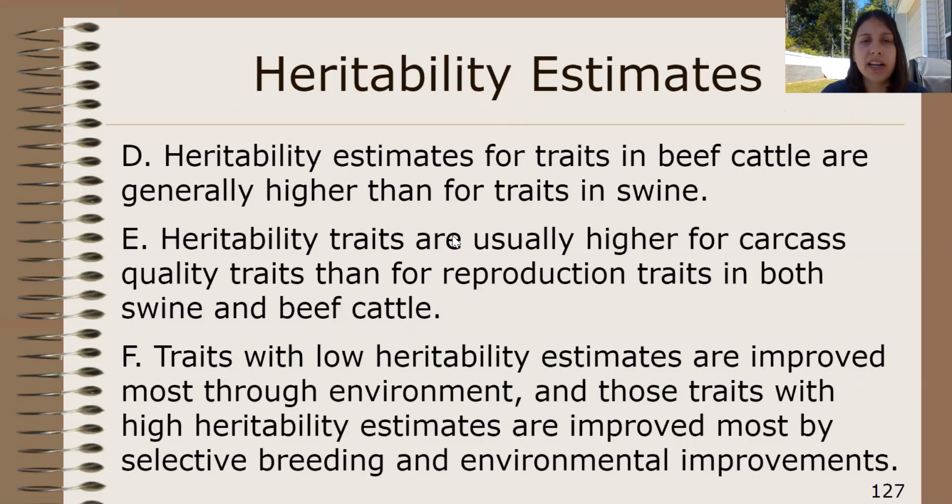Then heritability is usually higher for carcass quality traits rather than reproduction traits. This just means that the heritability estimates, the percentages, are normally going to be higher for traits that refer to carcass quality.